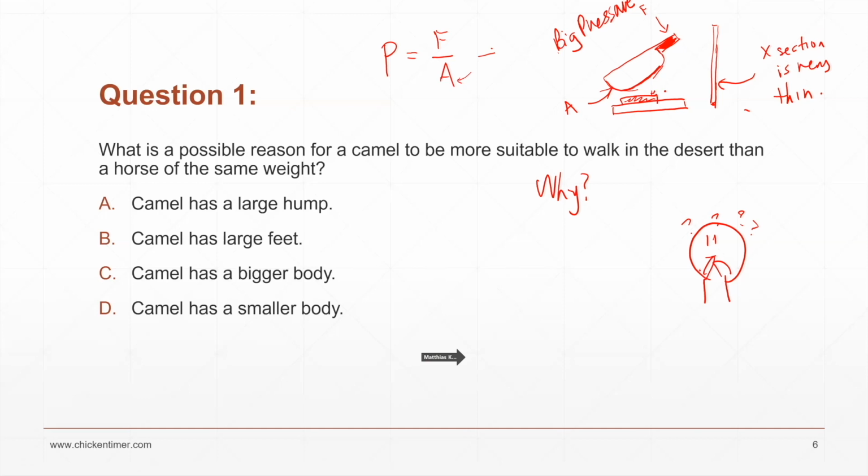So now, let's say we have our camel now, and then our horse. Both of them have same mass. When they have same mass, they will have the same weight.